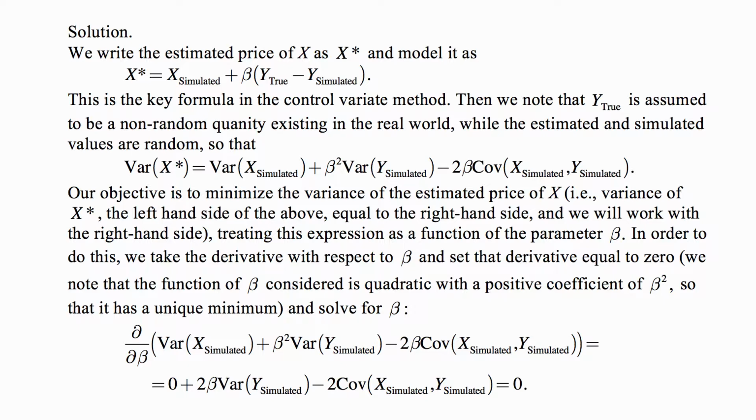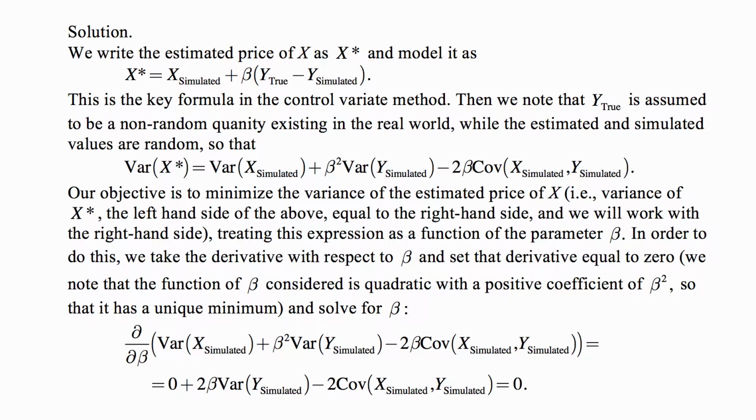To minimize the variance, we take the derivative with respect to beta and set the derivative equal to 0. This is a quadratic function of beta with a positive coefficient of beta squared, so it has a unique minimum. So we set the derivative equal to 0 and solve for beta.